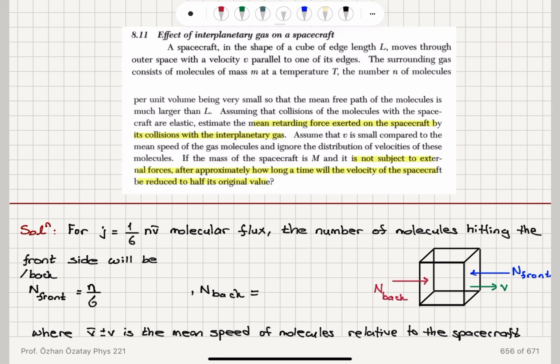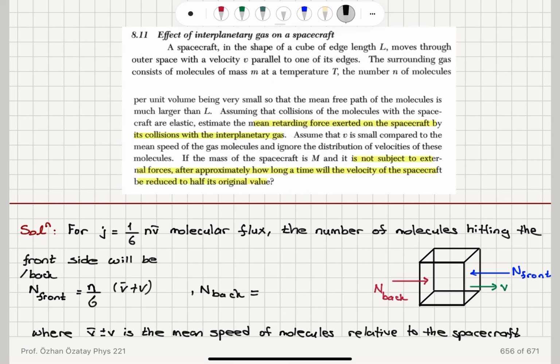So using a Galilean transformation, the velocity of the molecules hitting from the front side relative to the cube is v bar plus v. That's the speed with which they are approaching.